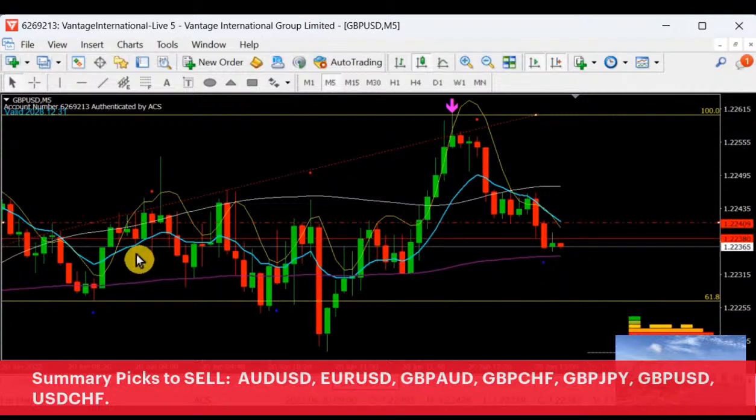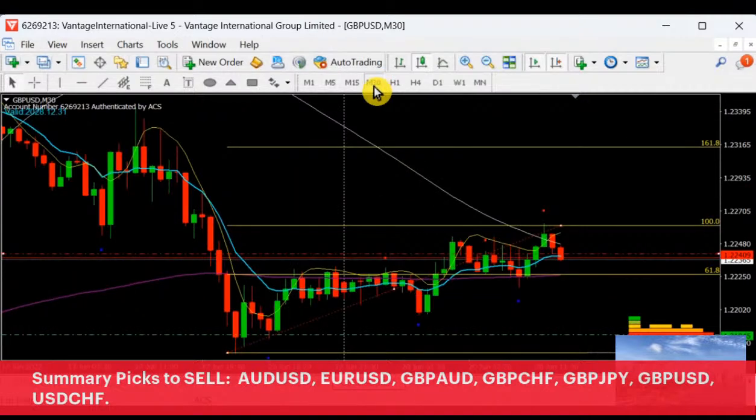It is on the 61.8 for the 30-minute time frame. 61.8 on the 30 time frame.